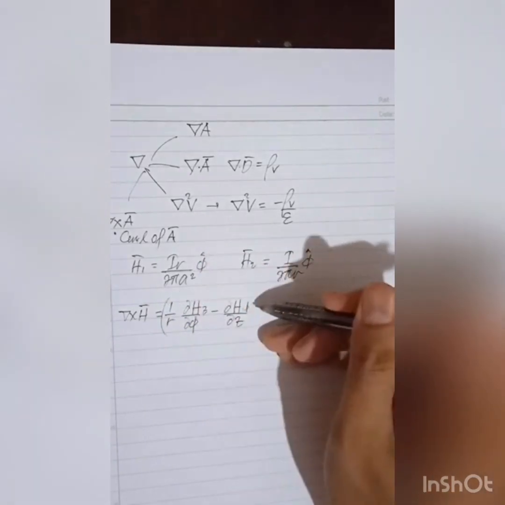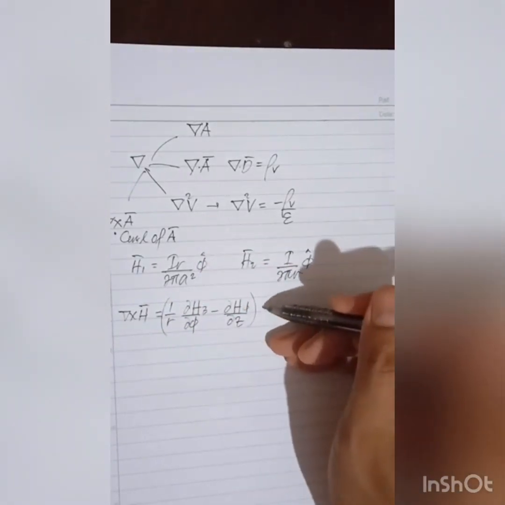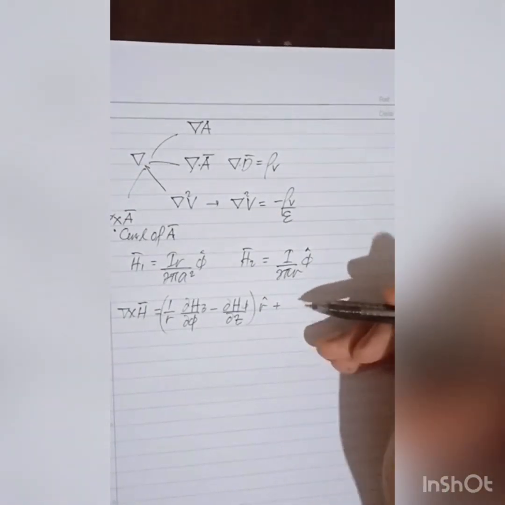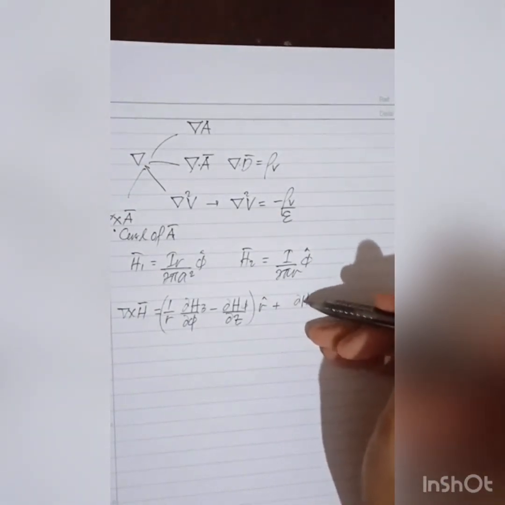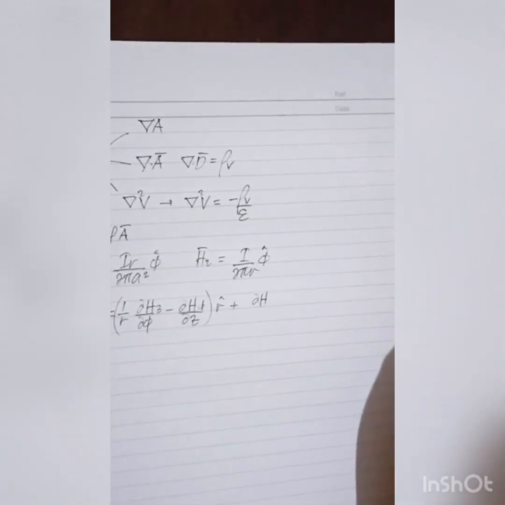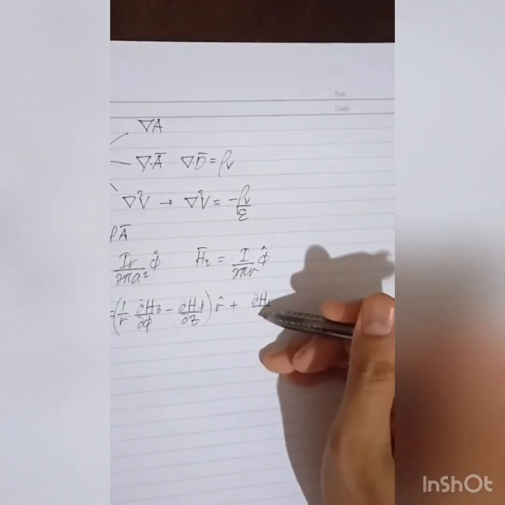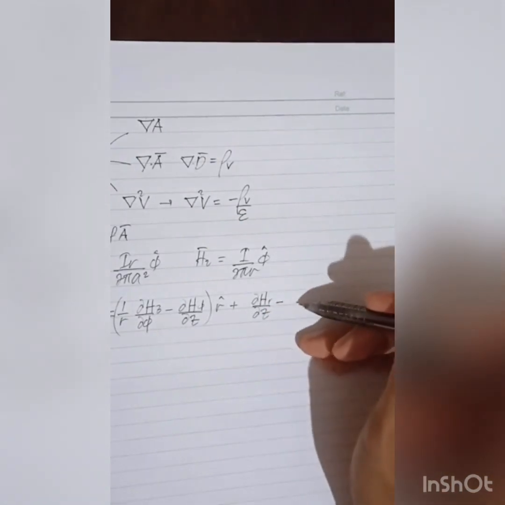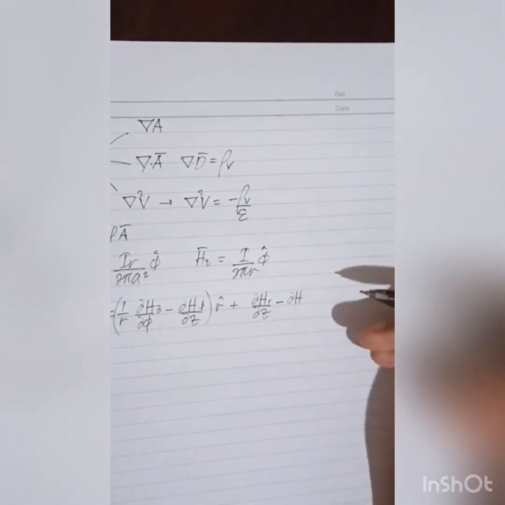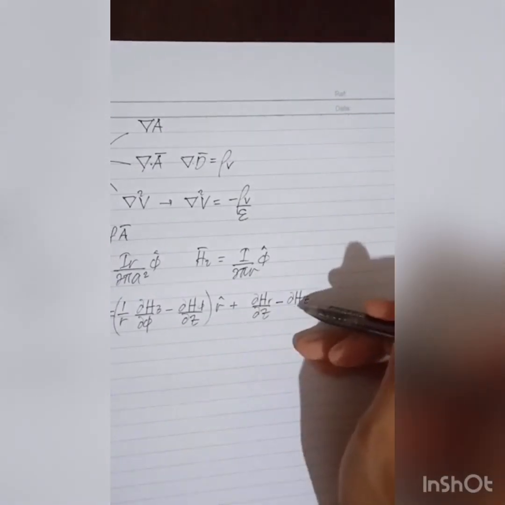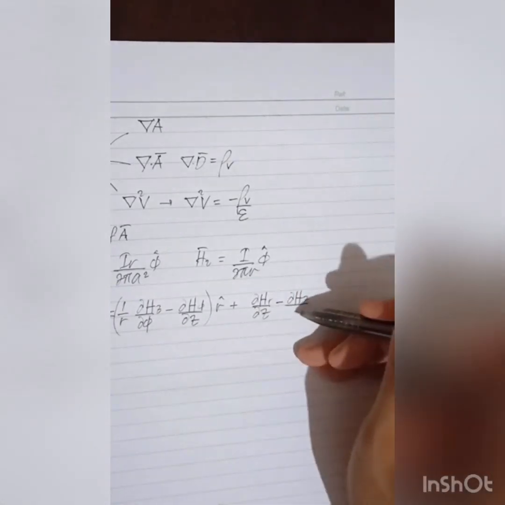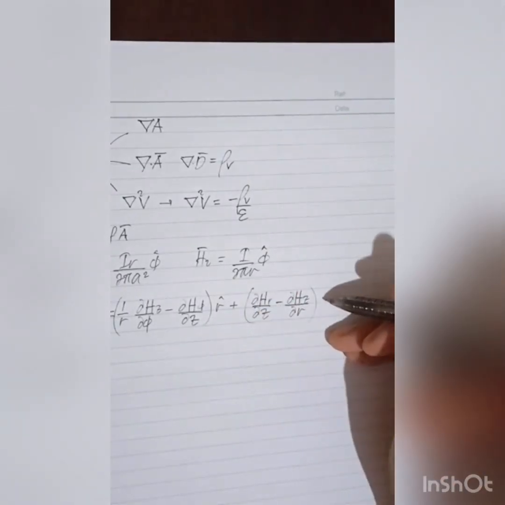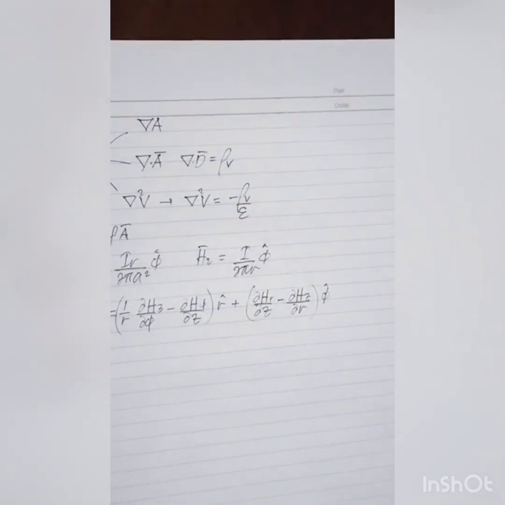So this whole term belongs to the r direction, and then plus dH r component over dz minus dH in z component over dr, and this whole term belongs to the phi direction.